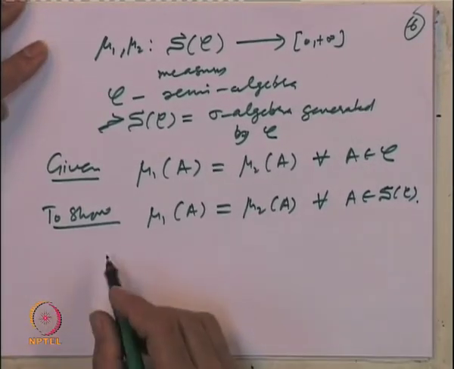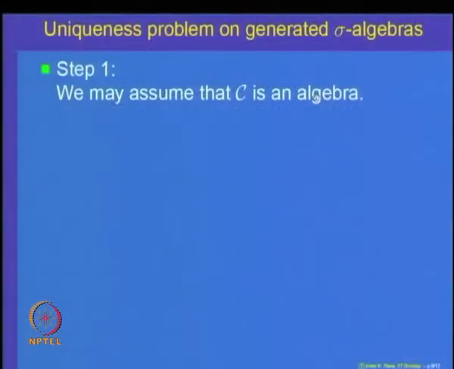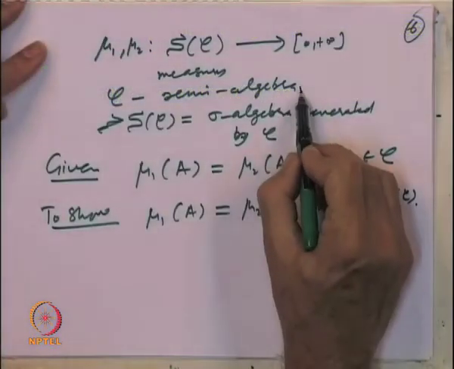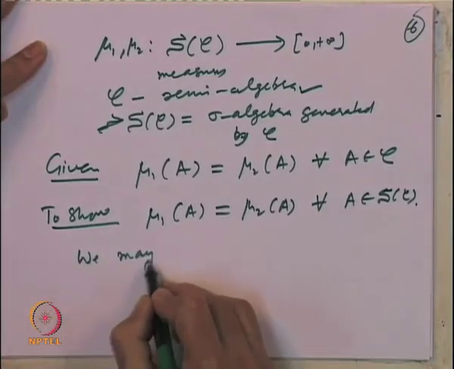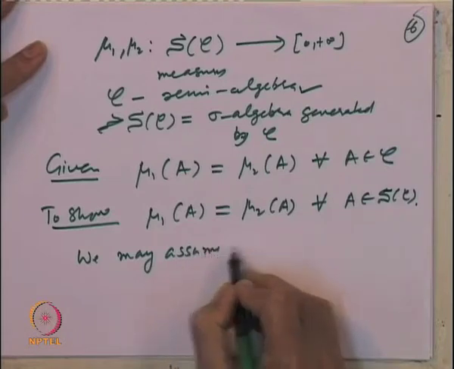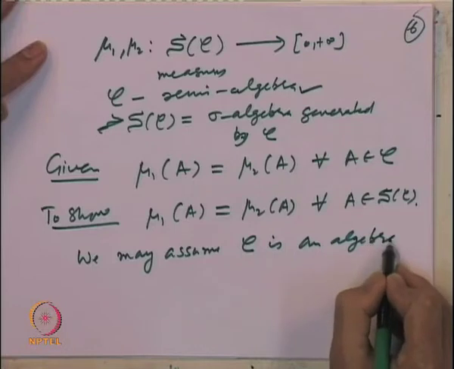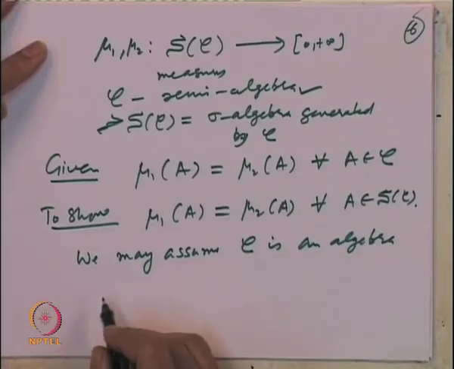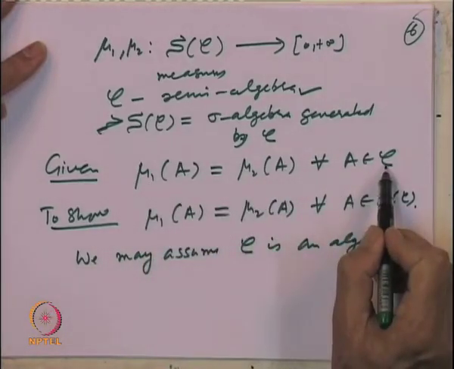To show this, let us look at the first step. We may assume that C is an algebra. Here we are given that C is a semi algebra, so step 1 says we may assume that C is an algebra, and that is because we have just now shown that if mu 1 and mu 2 agree on a semi algebra, then they also agree on the algebra generated by it.